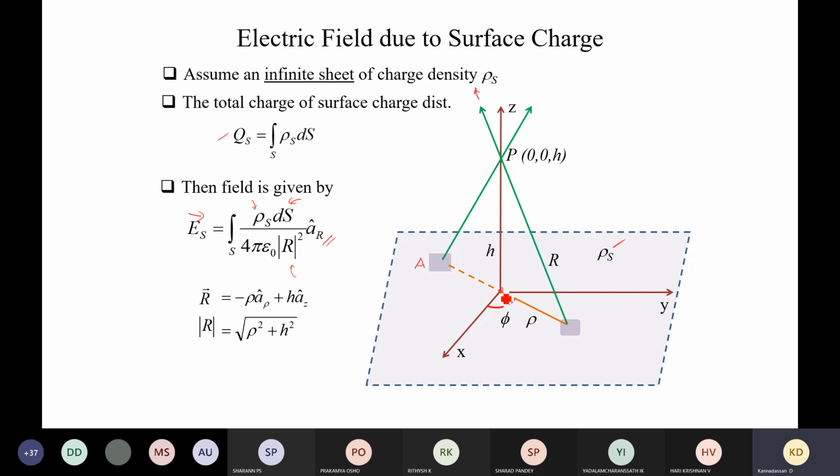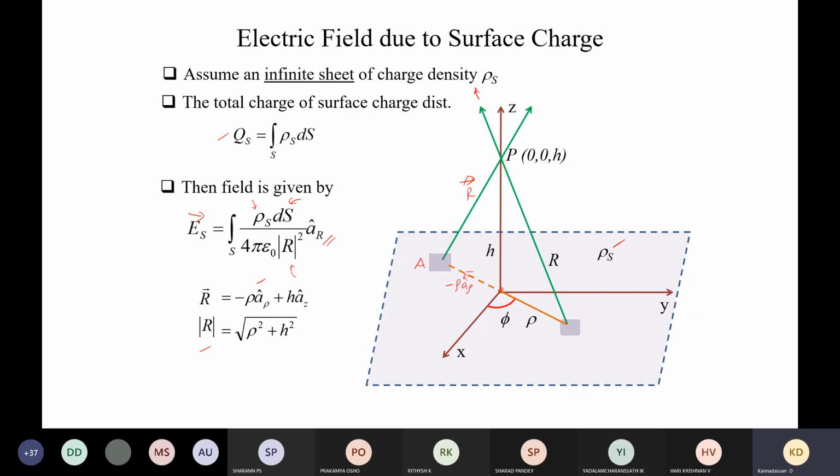So this is the origin point, and from the origin point, this A is located. Therefore, this line joining gives us the rho, and the corresponding vector is minus rho a rho vector, plus this height. Both we add together, and we get the R vector, with height times aZ vector. That is what we have done here.